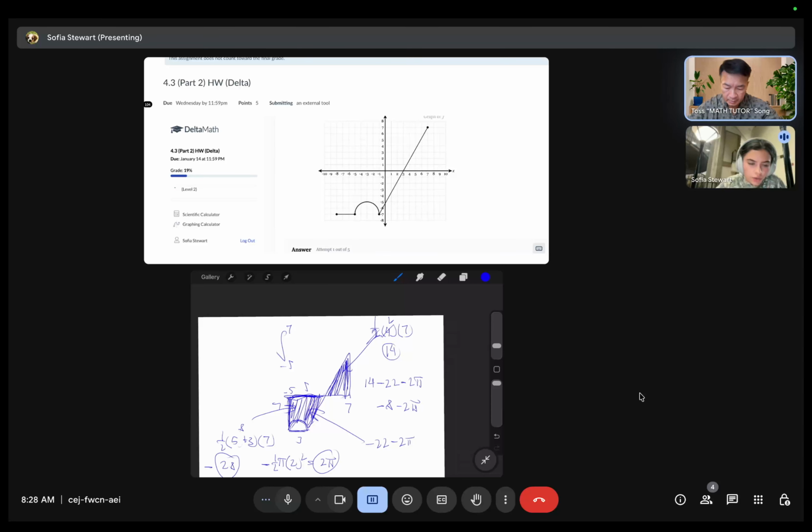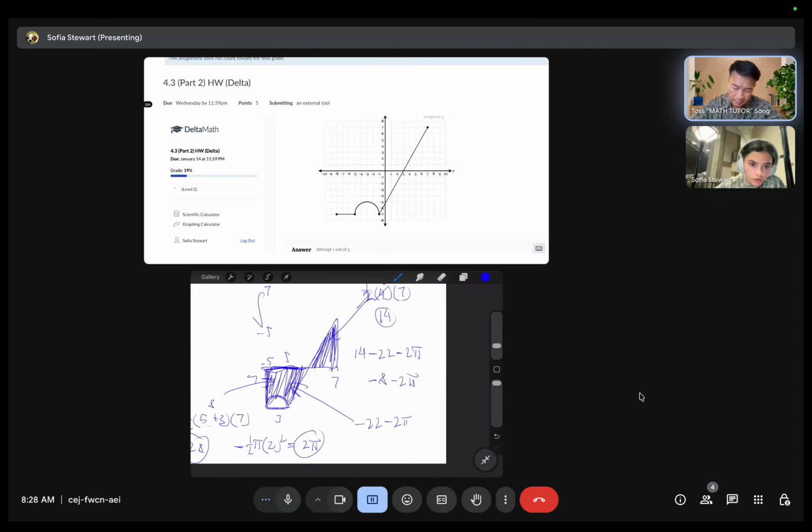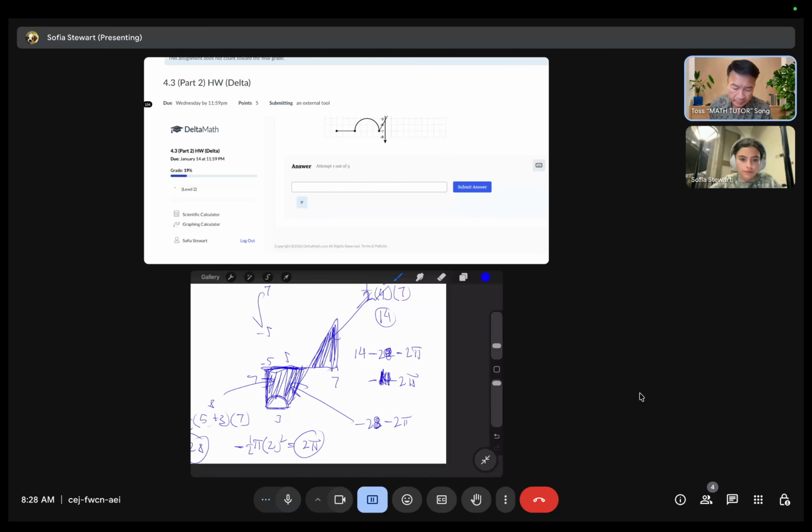Wait, isn't it 28? Why is it 28? Negative 14 minus 28 minus 2 pi? You did minus 22. Where do you get 22 from? Yes, it is 28. So what is that? Negative 14. Now let's put that in. Negative 14 minus 2 pi.